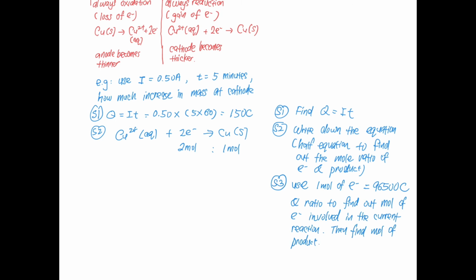You see how we use it? The theory said 1 mole of electron is 1 Faraday, and 1 Faraday is 96500. So I write down first, step 3: 1 mole of electrons is 96500 coulomb.